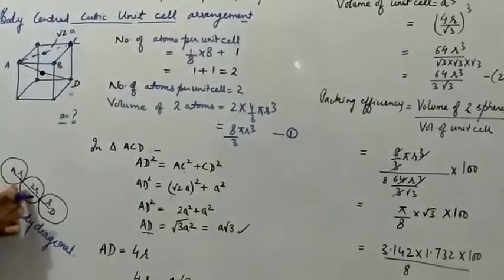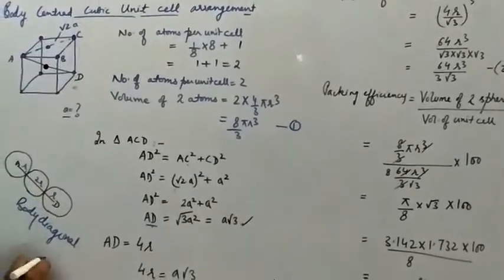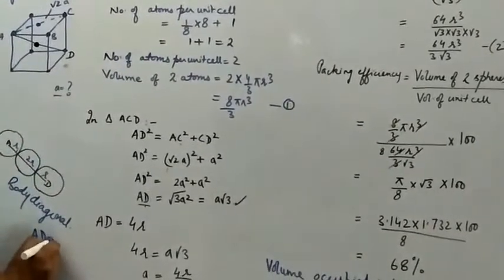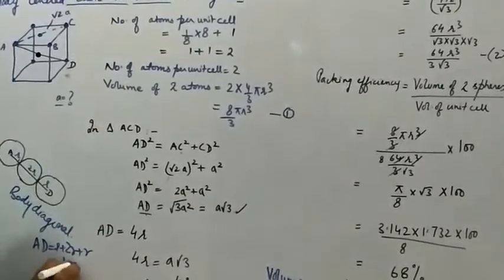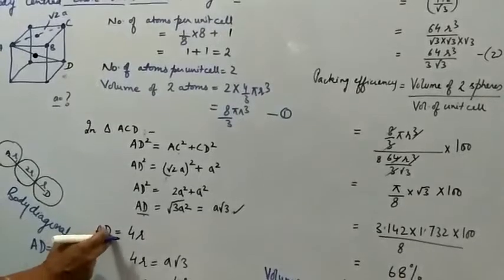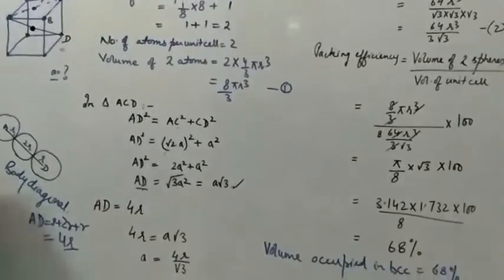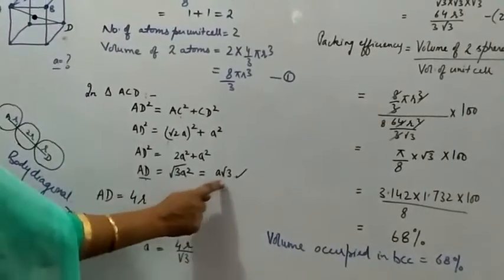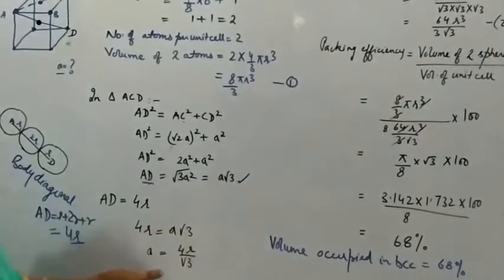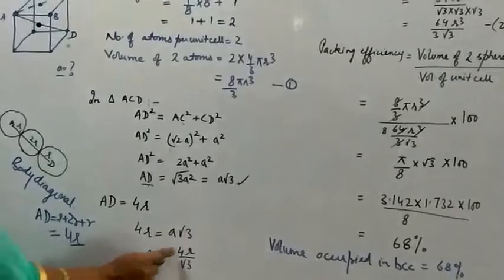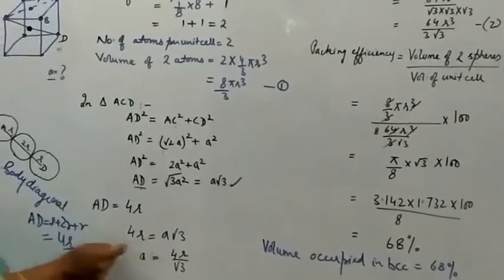It is r plus 2r plus r. So AD is equal to r plus 2r plus r, which becomes 4r. So we get AD equals 4r. So 4r equals a root 3. So what will be a here? It will become 4r upon root 3.